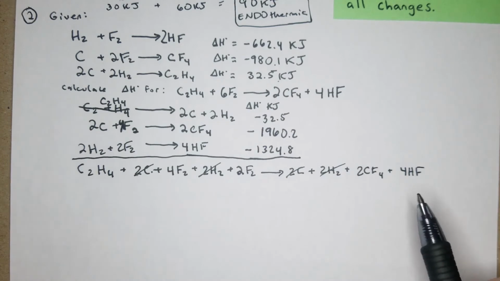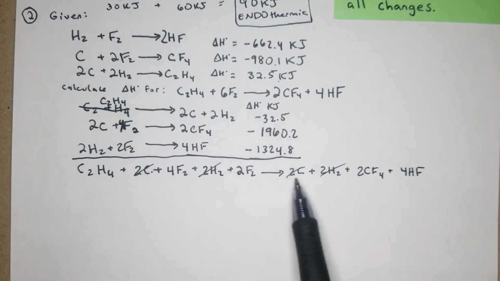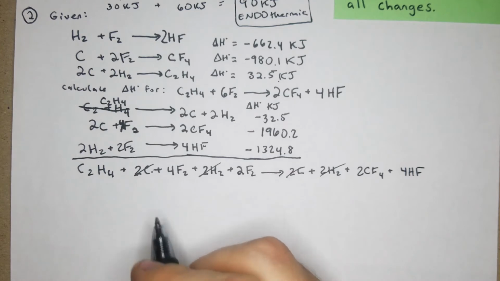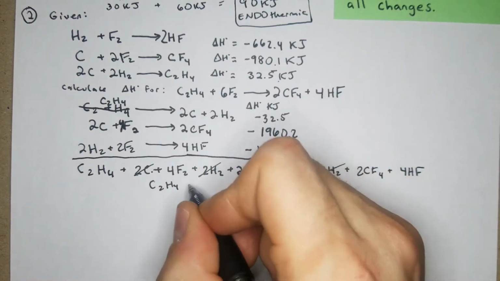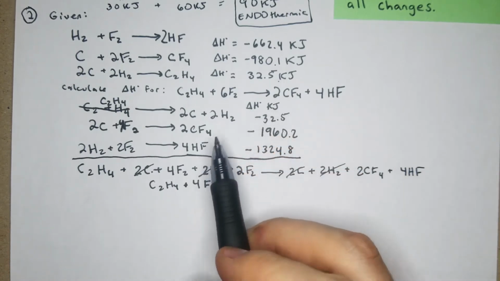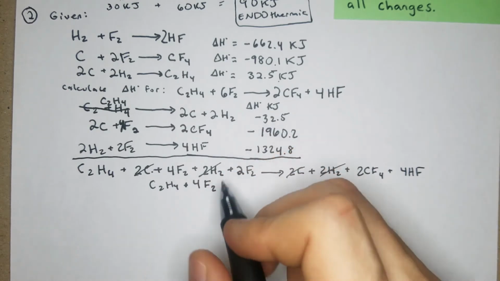And basically in chemistry you could almost think of these as intermediates, and you're ruling them out because they're superfluous in a way. They're on both sides. We have our C2H4 plus 4F2, which is what we need. I'm sorry, that would be 6, because we have 4 plus 2.